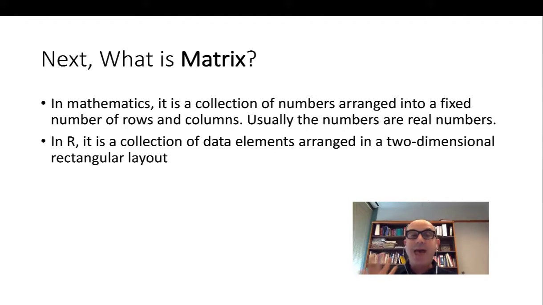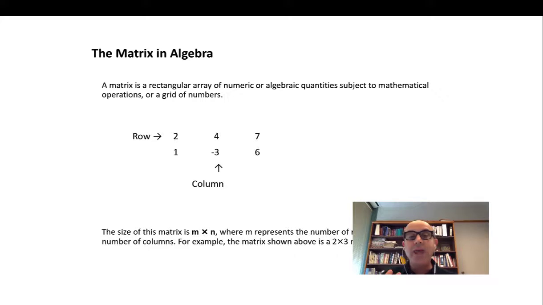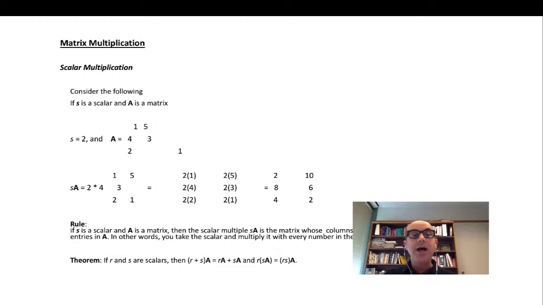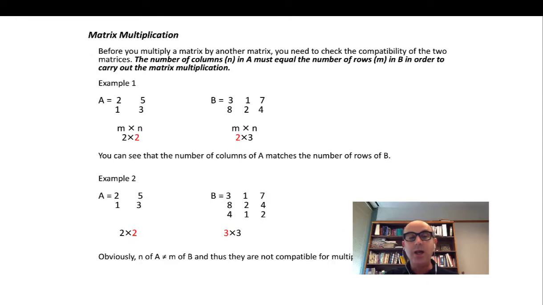Another element is the matrix. In mathematics, it is a collection of numbers arranged into a fixed number of rows and columns. In R, it is a collection of data elements arranged in 2 dimensions. So we have columns and rows, and the M is multiplied by N, which is the idea of it, and we apply that in calculation.